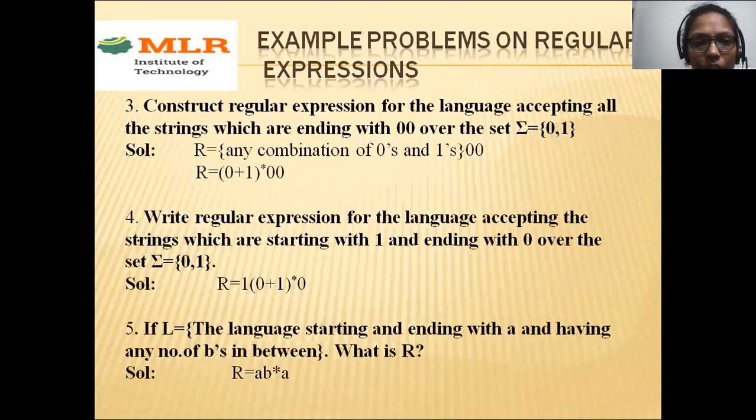The next question is to construct the regular expression for the language accepting all the strings which are ending with 00 over 0 comma 1. So ending with 00. Before this 00, you may have anything. You can have 0 or 1 and any number.